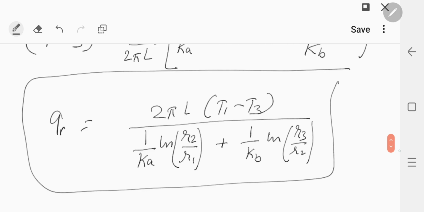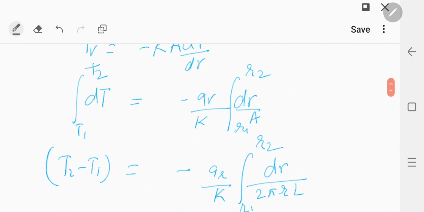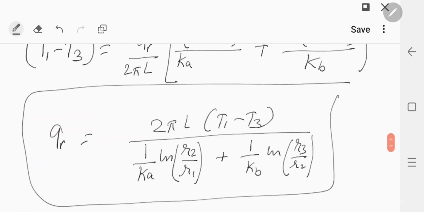Now in a spherical system, we can again solve in a similar way, but the area will be 4 pi r squared, and then we can integrate from R1 to R2, from temperature T1 to T2. For the spherical systems, you can derive this heat transfer rate.